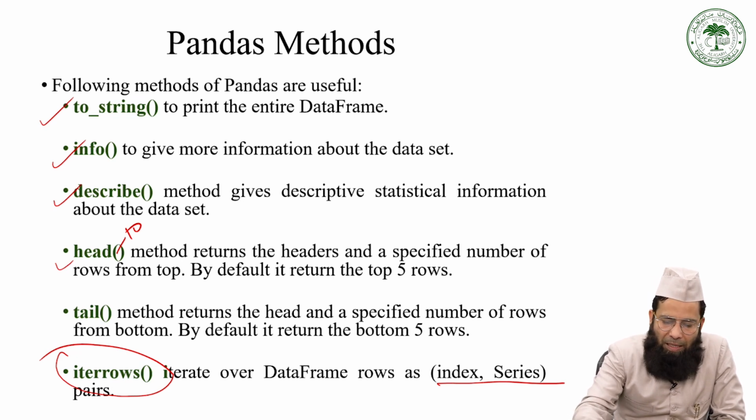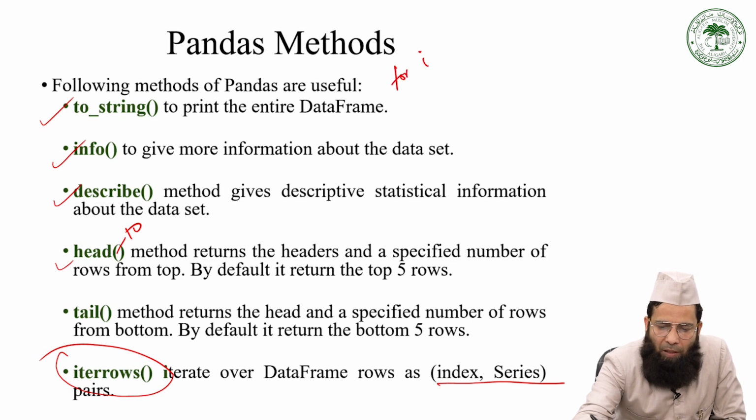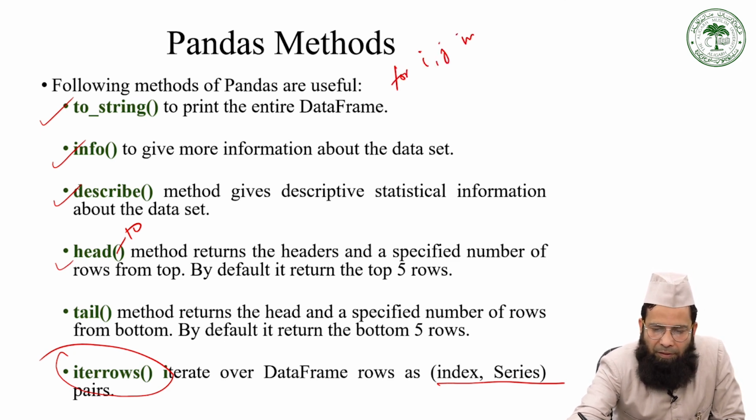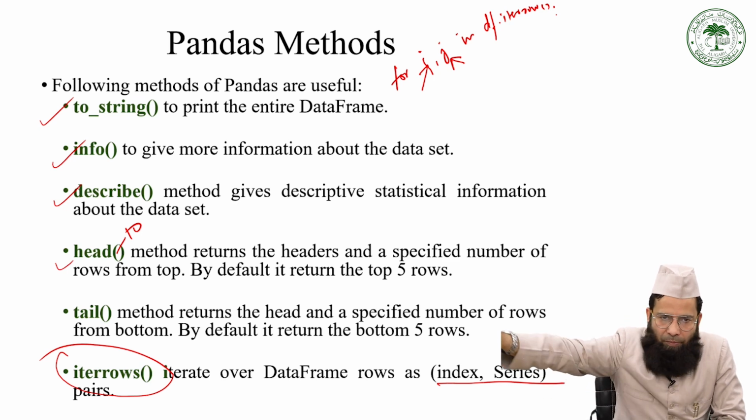We can utilize these, like I can use for i, j in, let's say my data frame object is df.iterrows, right? So this is actually your index, and this one is the number of columns.